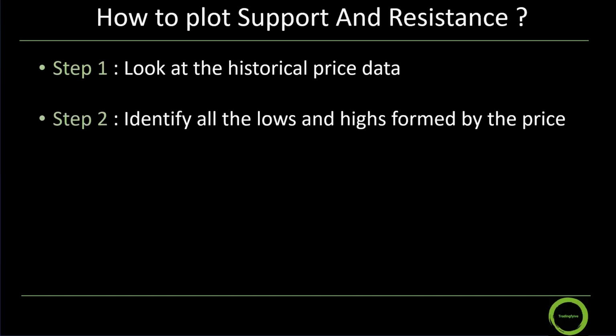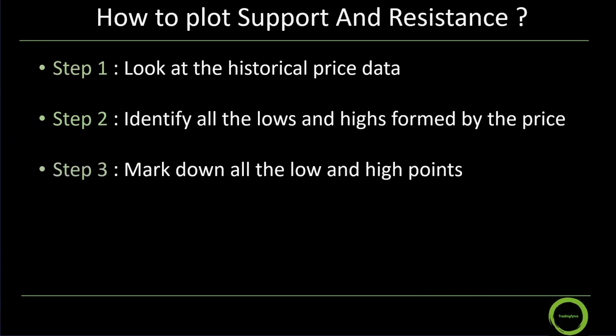Let's say you are tracking a stock which was in an uptrend and is now consolidating at a price level. So to find out the resistance, you need to mark down all of the high points which the stock has made. And similarly, to find out the support, you need to point out all of the lows that the price of the stock has made.